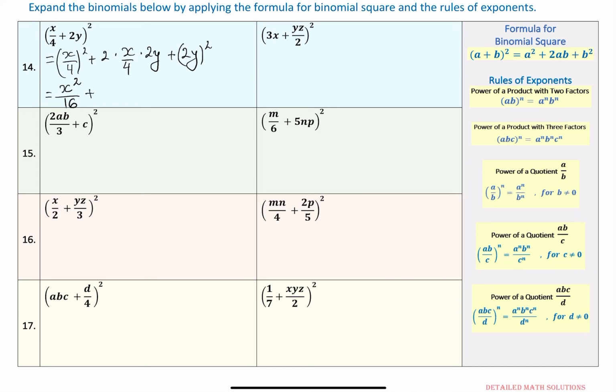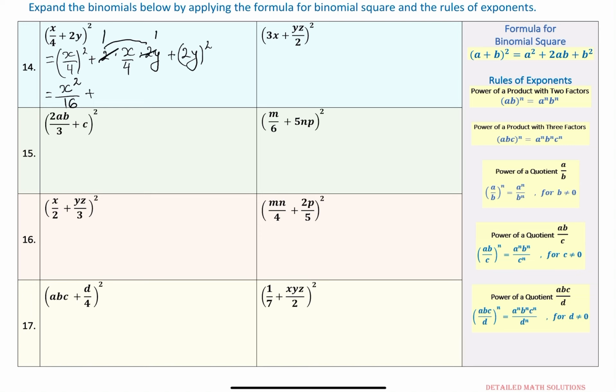Plus, let's take a look at the numerical part of the second term. We have 2 times 2 in the numerator and 4 in the denominator. Therefore, they cancel out.